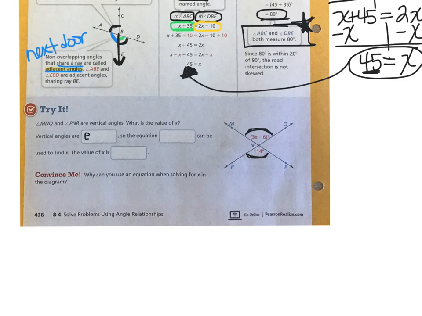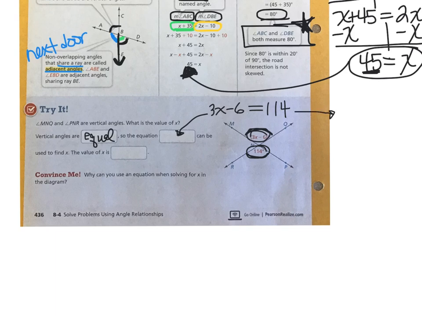Vertical angles are equal, so the equation, I'm going to make an arrow here because I can't fit it all in there, 3x minus 6 equals 114 degrees. So I've taken these two expressions and put them equal to each other. That can be used to find x.